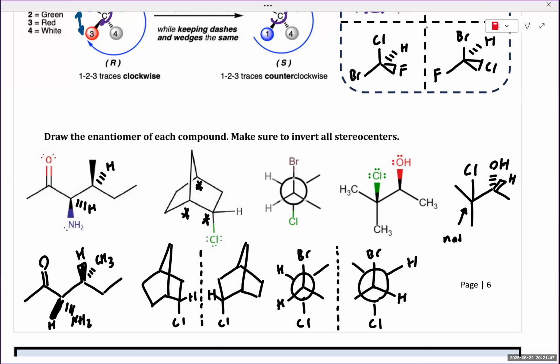This center is not a chiral center. Your book, as well as some problems in your book, sometimes likes to label things that aren't stereocenters with dash wedge notation. So please make sure to check that a given carbon center is actually a stereocenter and not something else.